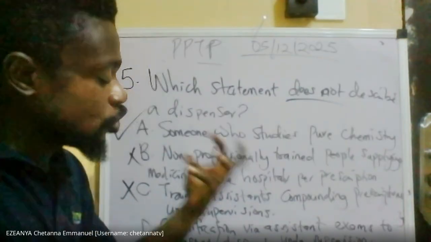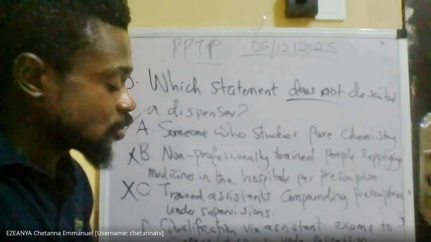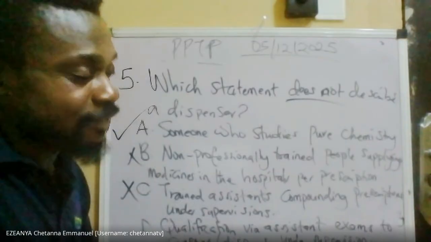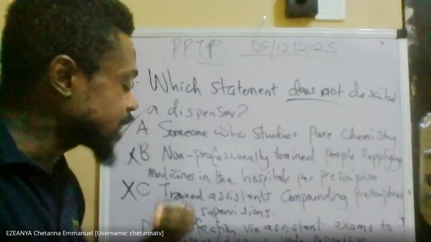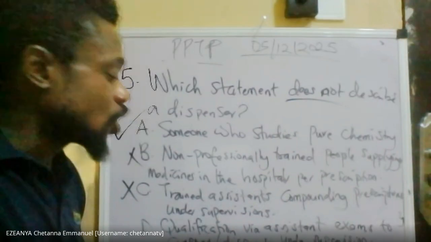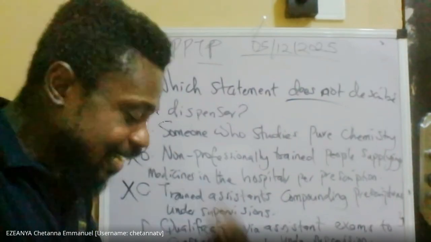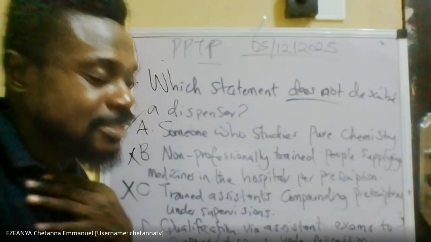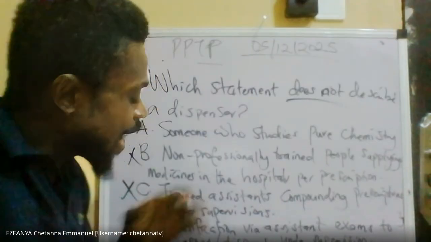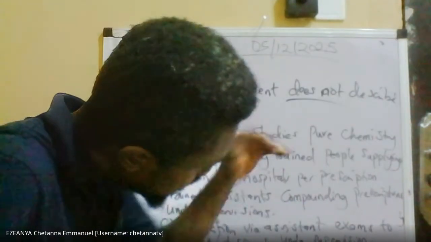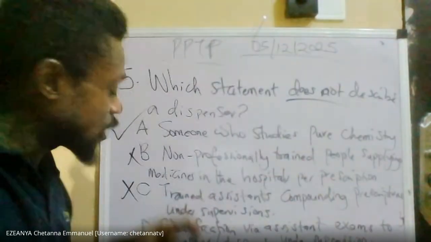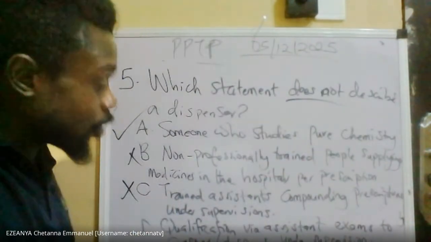To get that qualification as a pharmacy technician, you should be able to write the exam and show that you actually gained knowledge and skills from the 3 years of training. I agree with you. It's through the assistant exam that you get qualified. Fine, but it's not the answer.